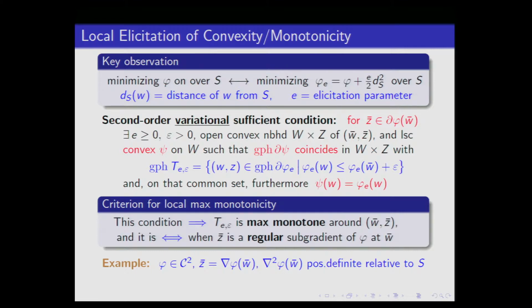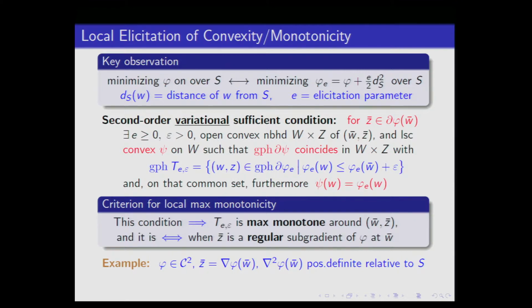All right, now here's an example of this again. Now suppose I'm minimizing a function over a subspace, just to get the idea of it. Suppose it's a C2 function. And then this first order condition is simply that this z bar is a gradient, and the gradient is perpendicular to the space.